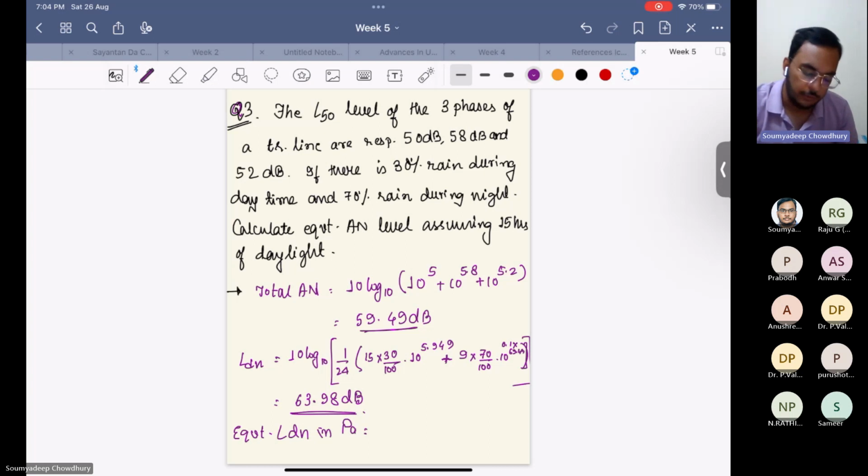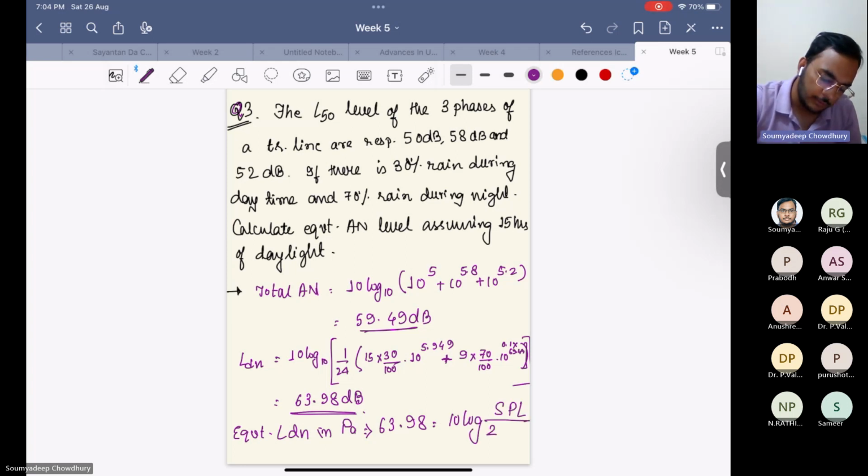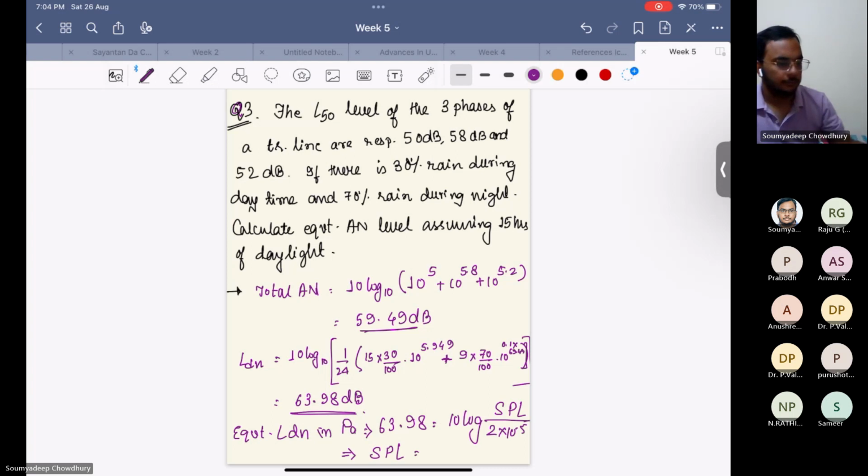Which equation do we need to use? 63.98 equals 10 log of SPL by 2 into 10 to the power minus 5. So basically SPL will come out. How much are you getting, Anwar? It is coming approximately 50 pascals, right?